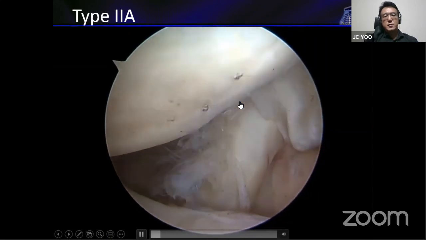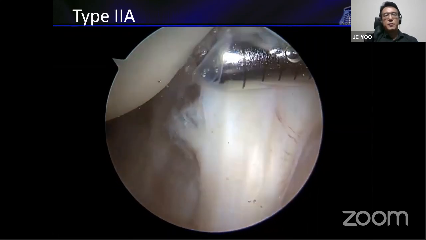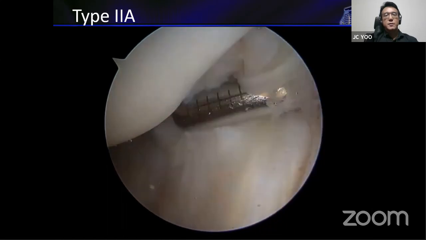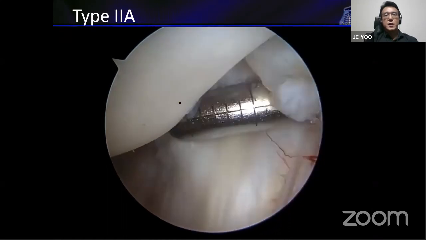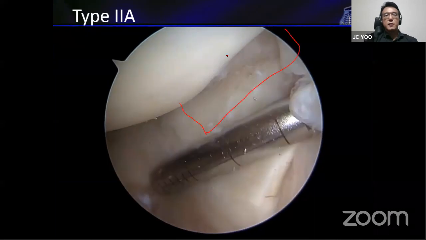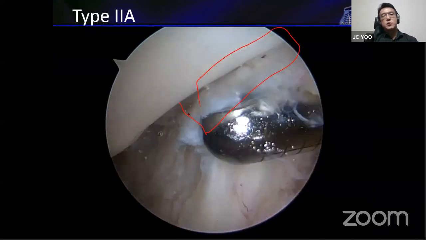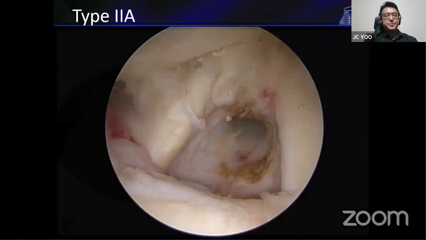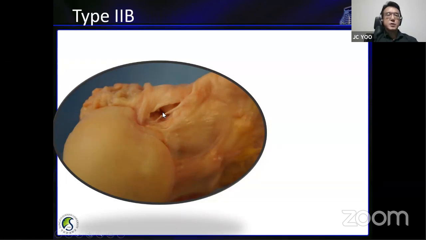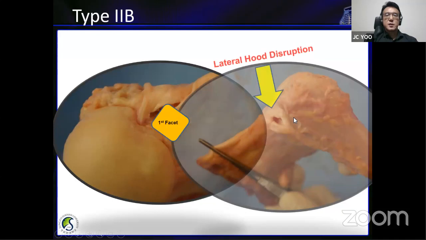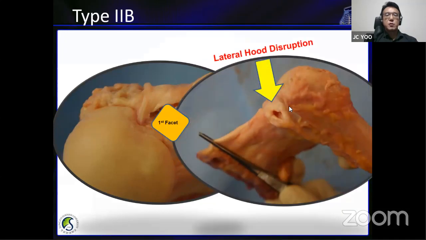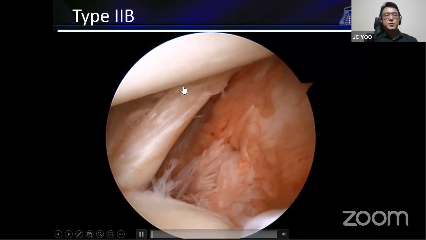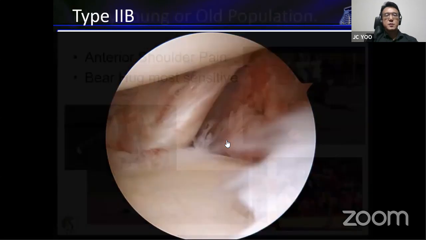As you can see, this is opening up right there. To visualize, the first facet is up here, going up that way. So this is a very small opening. You can see the communication from here to that first facet, and from here the lateral hood disruption. And this is 2B. I showed you this before, so I'll skip that.